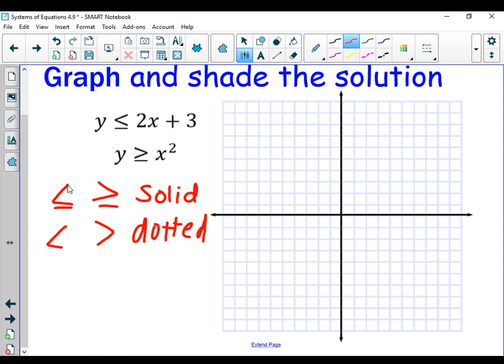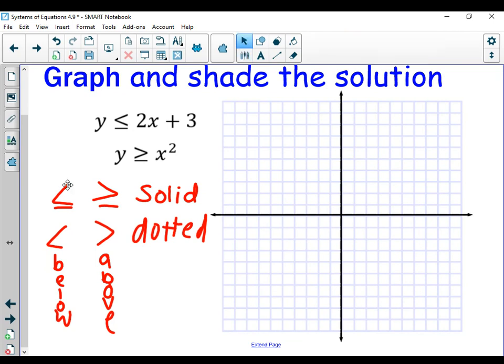So we would shade below the line. If it's greater than, we would shade above the line. Some of your teachers may have had you do a test point, where you plug that into the equation. If the inequality held true, then you would shade that area. This was like when y'all had to get your color pencils out.